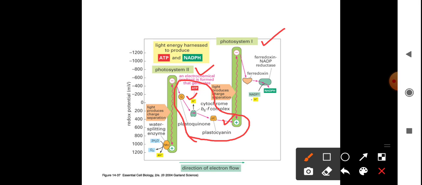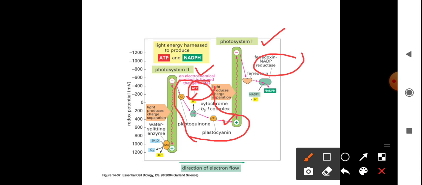And where does this electron come from? This electron comes from photosystem 2. And the most important part: when the electron from photosystem 2 travels to photosystem 1 through a series of electron carriers, it loses some energy, and this energy is used for the synthesis of ATP. Here it is represented, and NADPH is also formed.